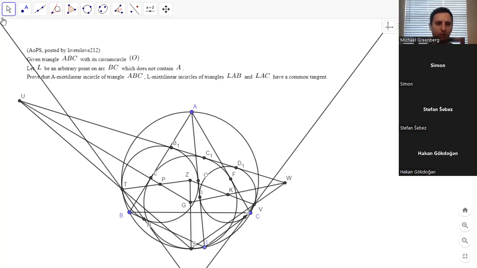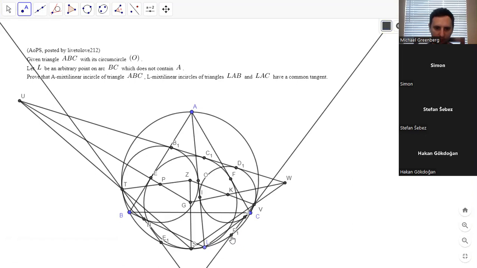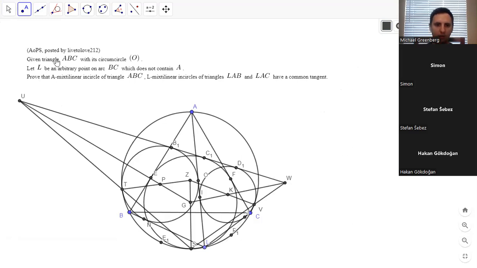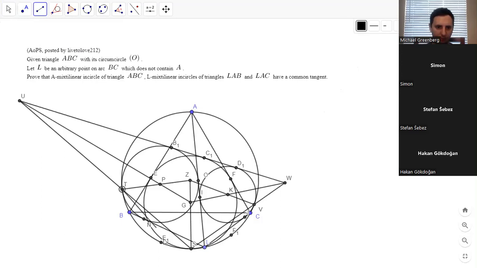Yeah, so we'd have the midpoint of arc BL and CL. These are collinear. And these are also collinear. And this is an angle bisector. This is an angle bisector.